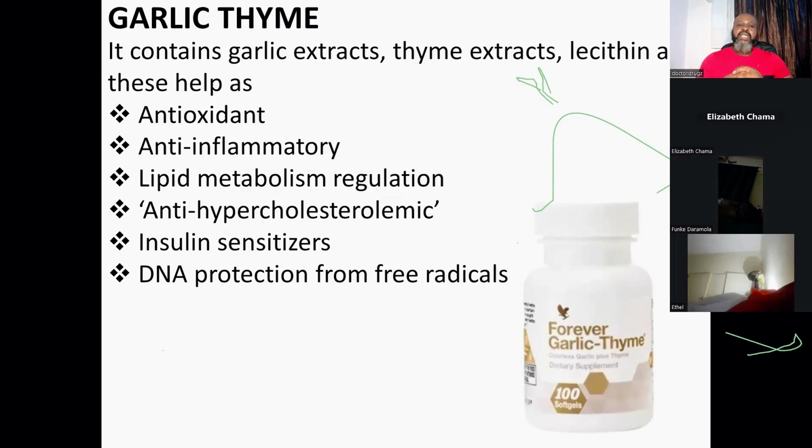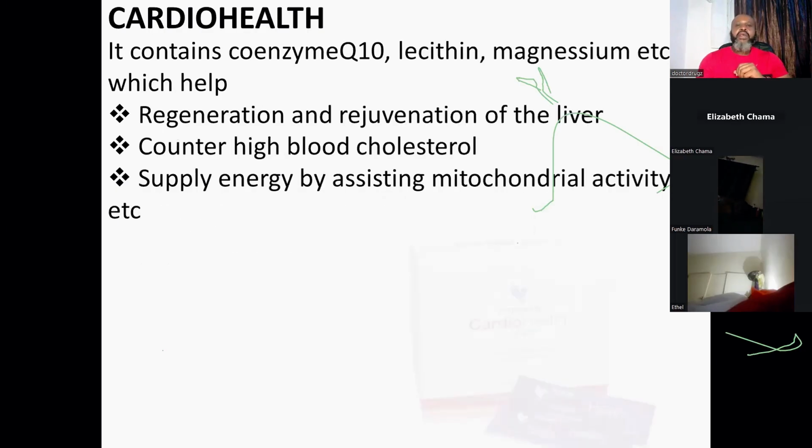That just means it has the ability to reduce blood fat. It is also anti-hypercholesterolemic. Then it has insulin sensitizers that help your body respond to insulin and help to mitigate type 2 diabetes. Of course, there is DNA protection from free radicals because of its powerful antioxidant effect.